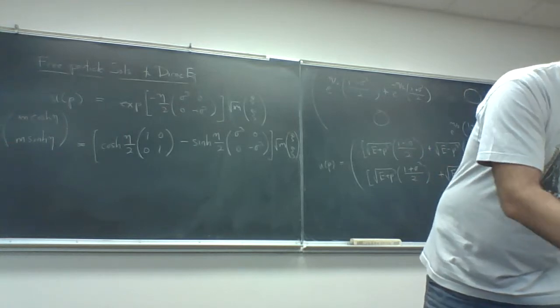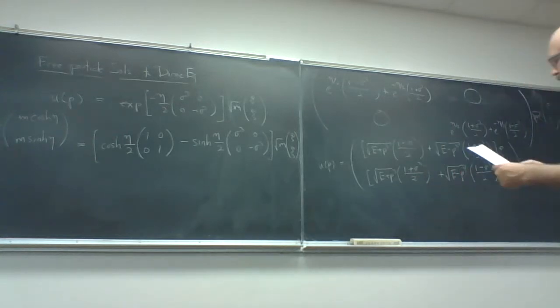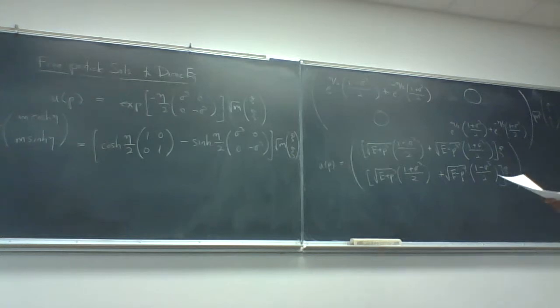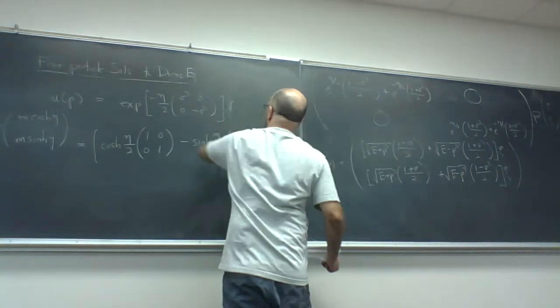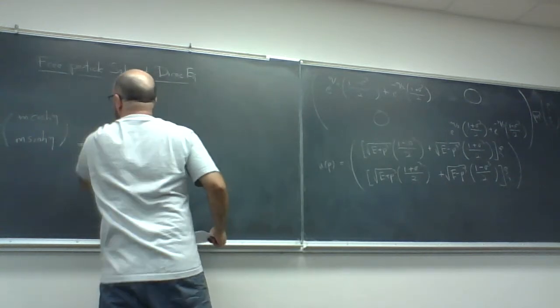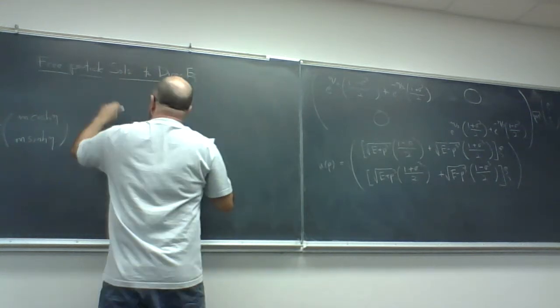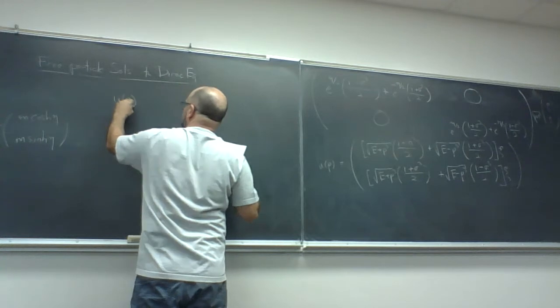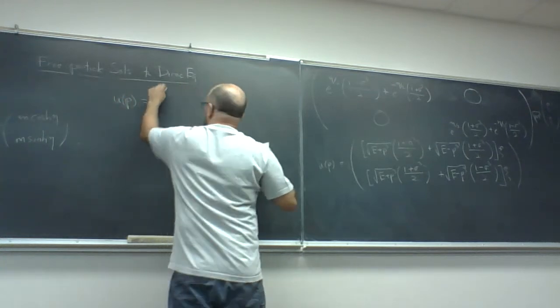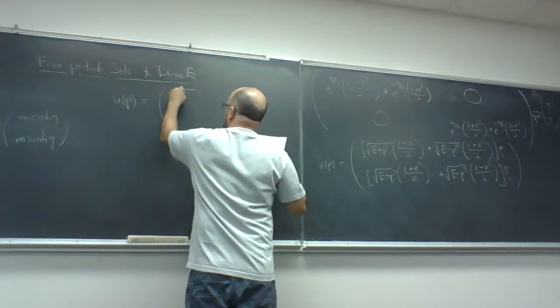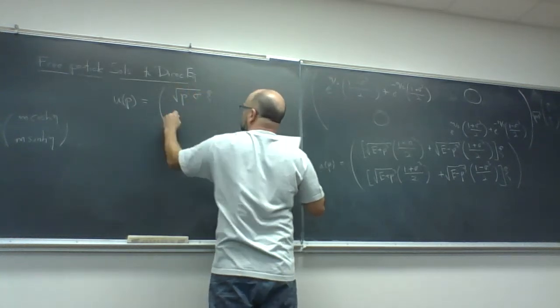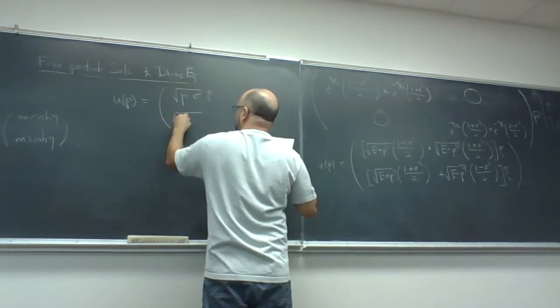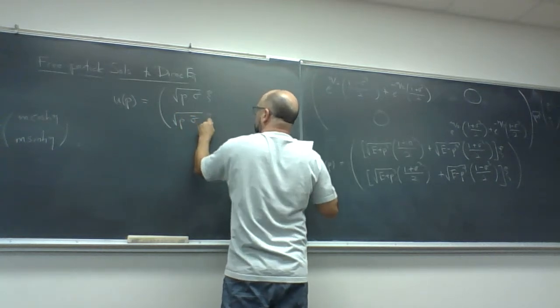And all this stuff, unbelievably, can be simplified to this. So u of p is equal to square root of p dot sigma c and square root of p dot sigma bar c.